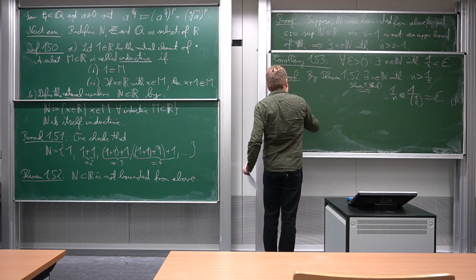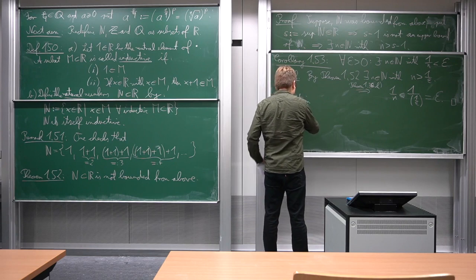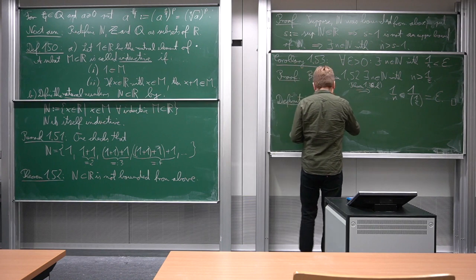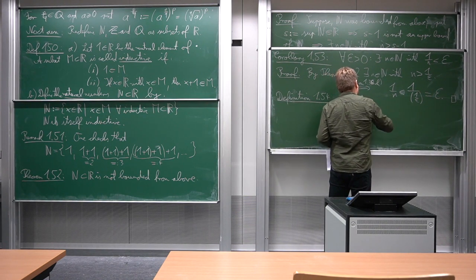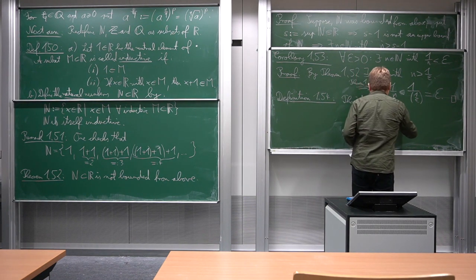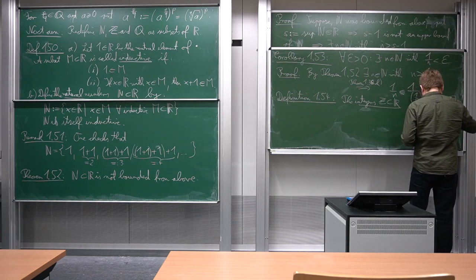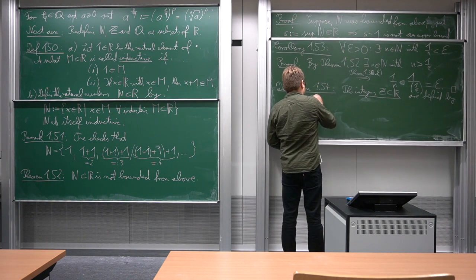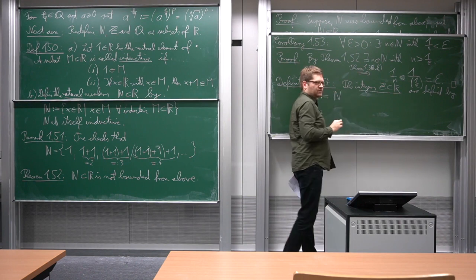So we have studied the natural numbers now, and now it's time to introduce the integers and the rational numbers into the discussion. So the integers as a subset of R are defined by the following. Z is defined as the following set. We take N, which we have just constructed.